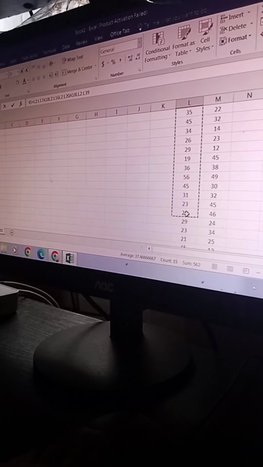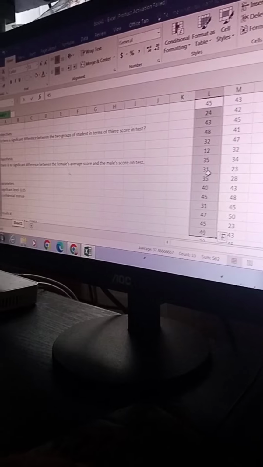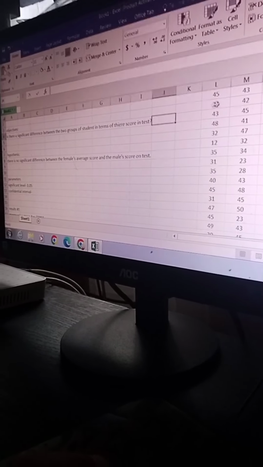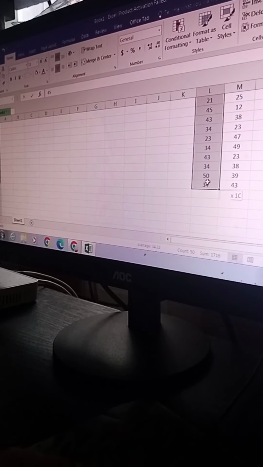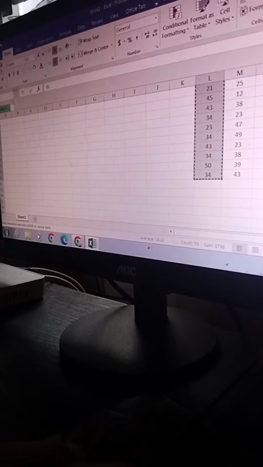And the next step is we need to find the result number 2. We need to use the calculator for two independent variables.